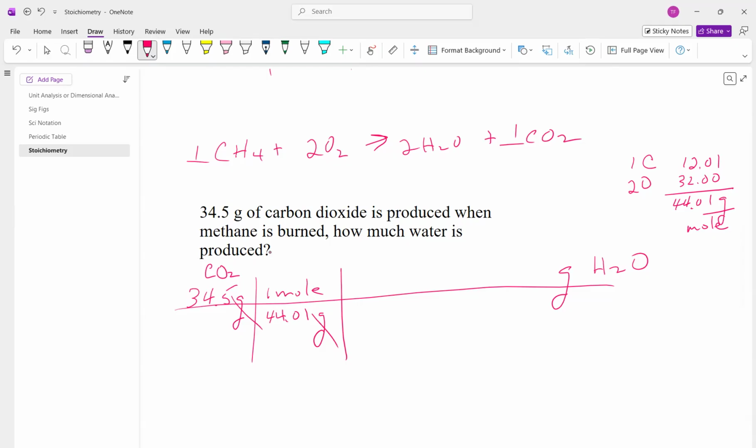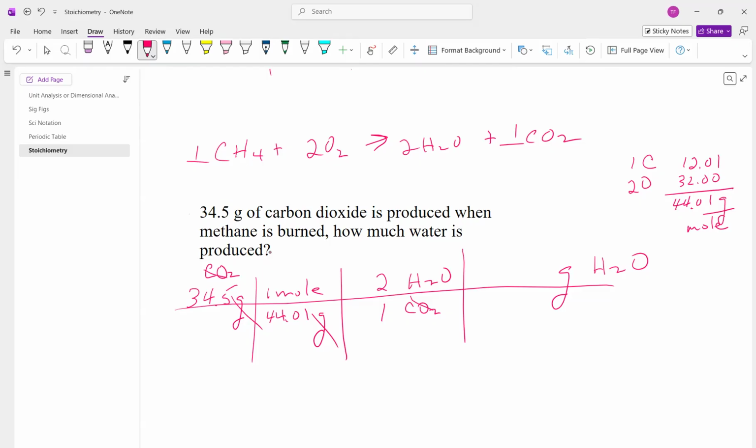So what's the ratio now? Carbon dioxide has to cancel. Water has to be on top. So water's 2. Carbon dioxide is 1. The carbon dioxide cancels. Now we're going to water. We want to get grams of water.